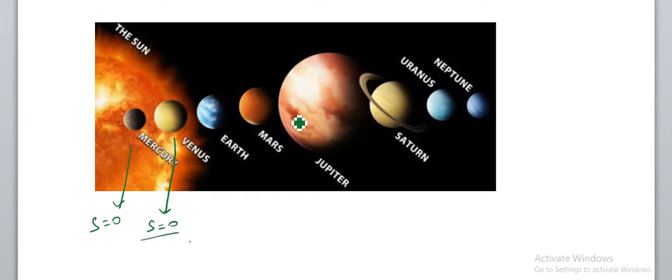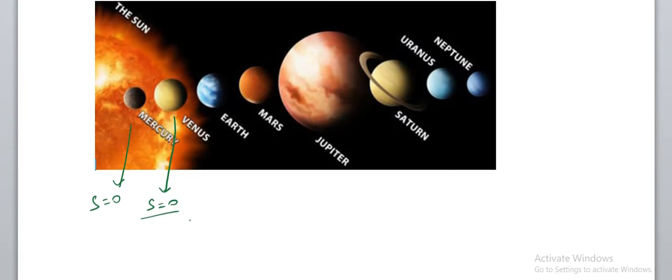Now this Venus is also known as morning and evening star, right? You can see this Venus in the morning about 3 a.m. or 4 a.m. in the east direction.